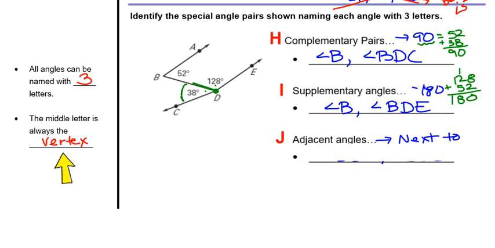So my two adjacent angles are going to be those two angles right there, which would be angle BDC and angle BDE. Noticing D is the vertex right there, and D is my middle letter on each of those.